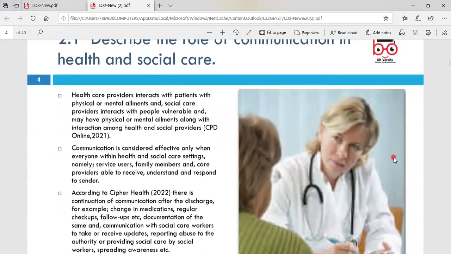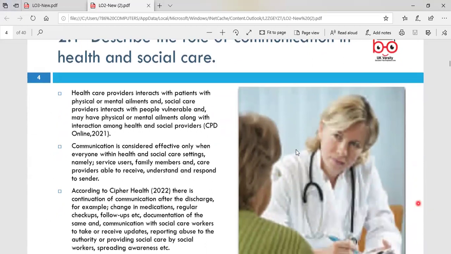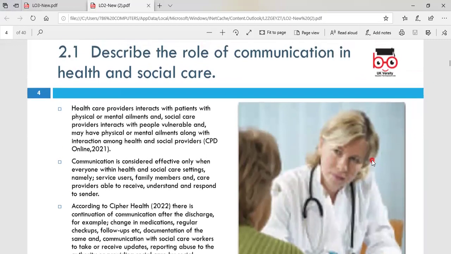Her gesture is a bit slouched, and the way she's seated shows that she is accepting what the patient has to say. She is responding to what the patient is saying, and her gesture has an element of empathy in it. This is an older person who's speaking to her, and this is how it should be. You have to empathize with the patient.